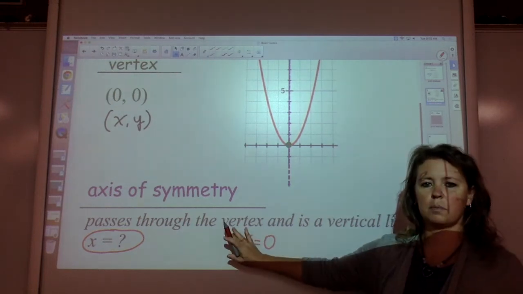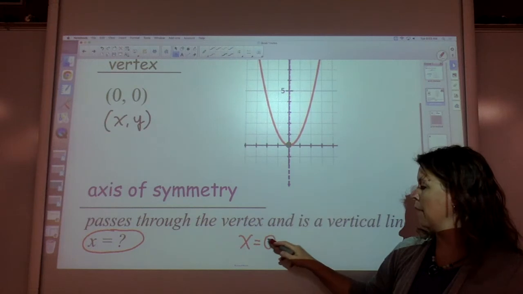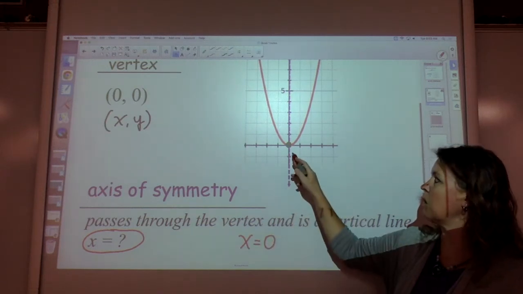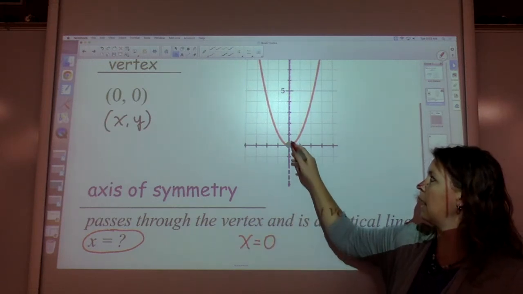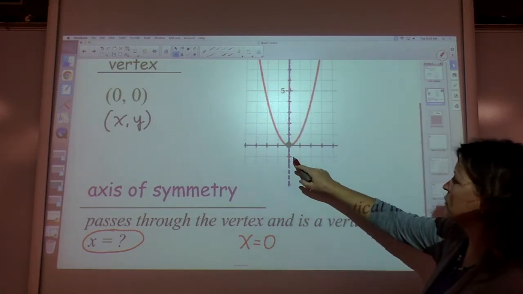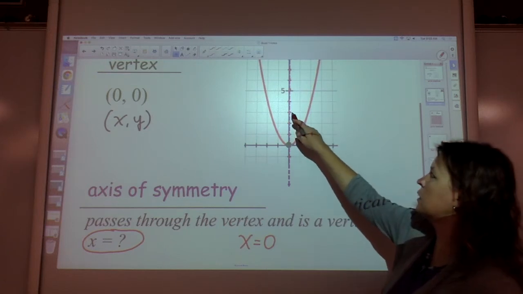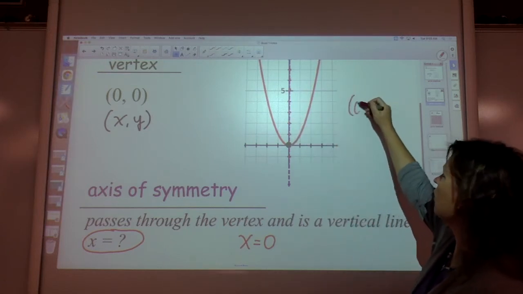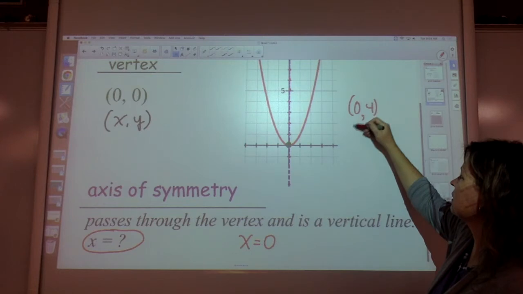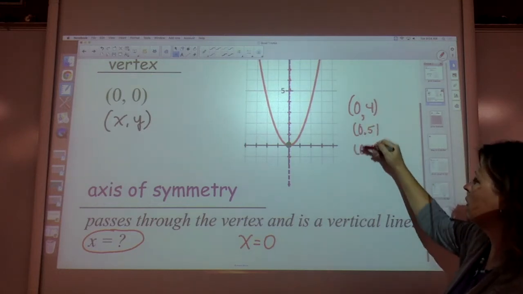You can't just put a 0, because just putting a 0, we don't know which one is a 0. By saying x equals 0, it means all of the points on the axis of symmetry are at 0. I could call this one is at 0, negative 1, 0, 0, 0, 1, 0, 2, 0, 3, 0, 4. If I wrote all those points as the axis of symmetry, all of the x values would be 0 no matter what.